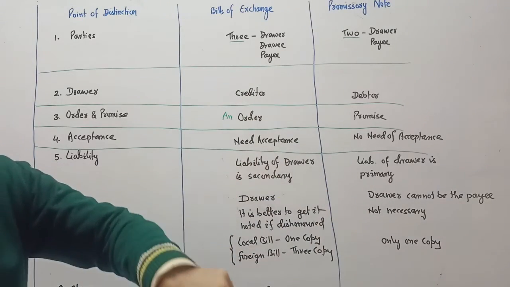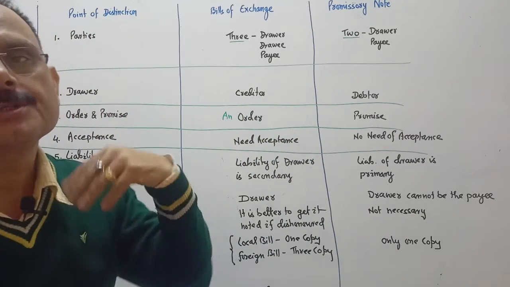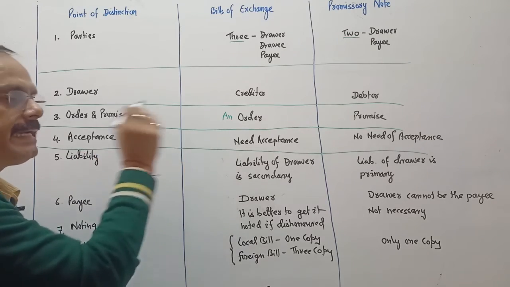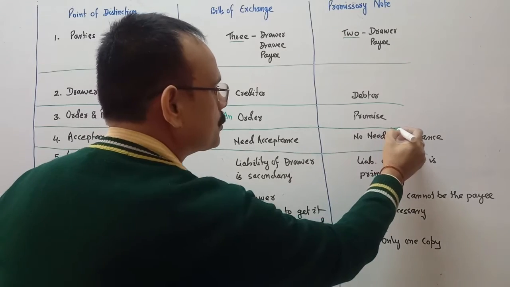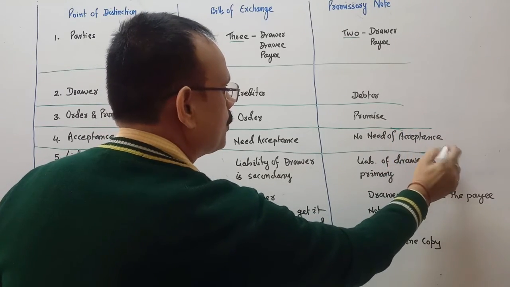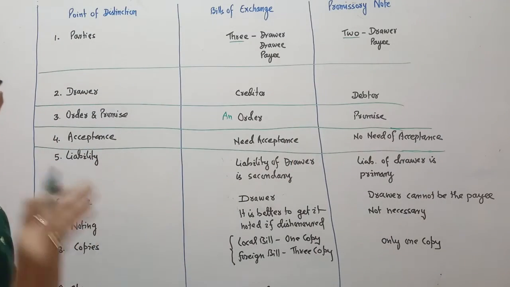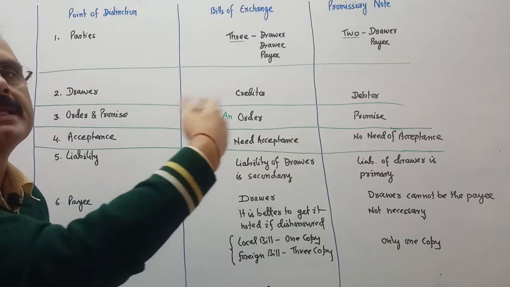But the promissory note is drawn by the debtor, so acceptance is not required. In promissory notes there is no need of acceptance, because the customer himself promised to make the payment.